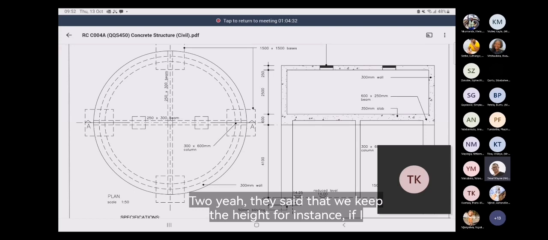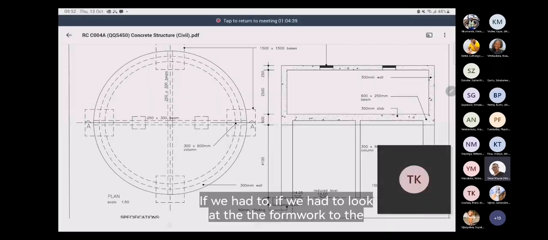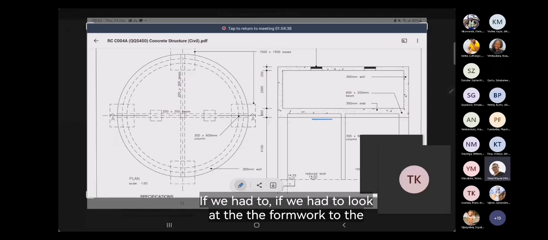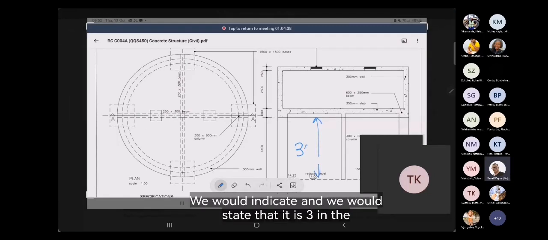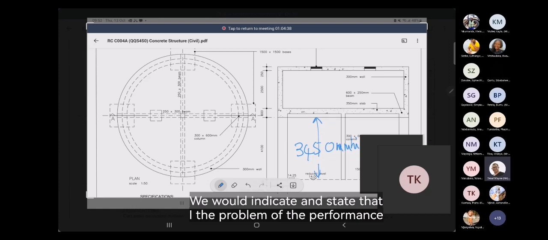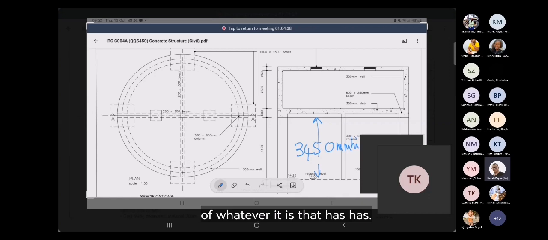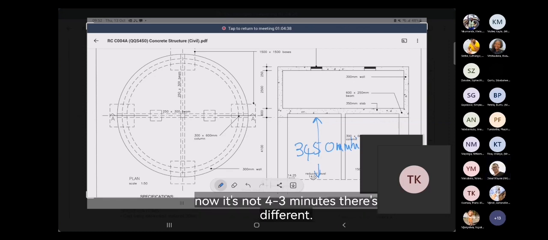For instance, if I look at this drawing, and at the formwork to the beams there, we would state in the description the height of the formwork of the beam, say 3 meter 450, 4 meters, whatever. It's not 4.1, that's different.